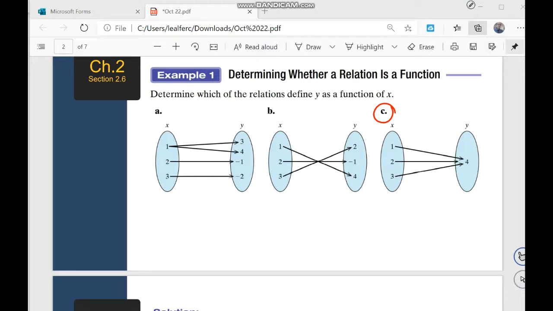Letter C, can you check each value of x has only one line leaving and ending in just one value of y. So for each x, just one line, just one link, just one connection, just one relation. So this is a function. Yes, it is a function.